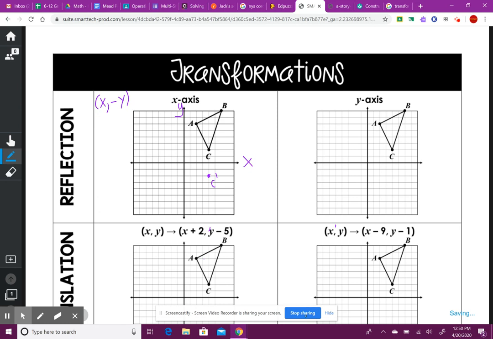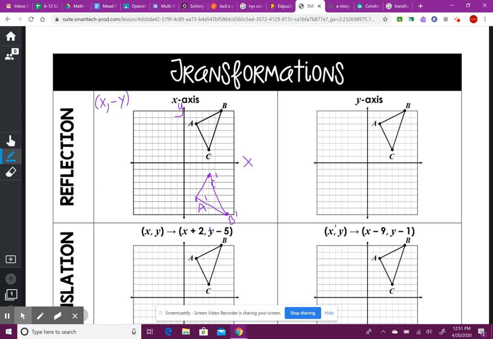B, it looks like you go down 8 blocks, so it means you have to go down 8 more to get our new B or B prime. And A, it looks like we go down 6 blocks until we hit the x-axis, and then it means we have to go down 6 more to get to my A prime. So my mirror image or my reflection over the x-axis should be this image down here.